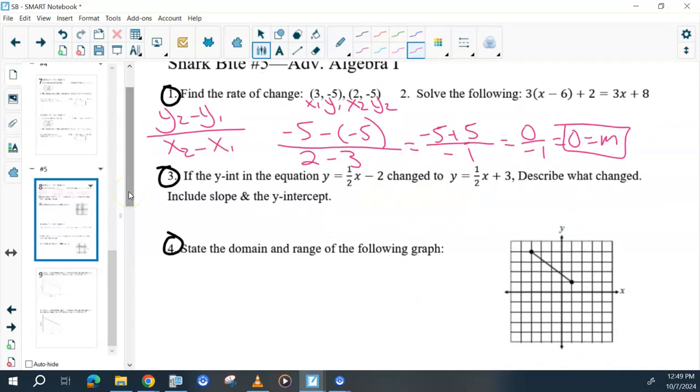So for number 3, we're looking at the y-intercept change from -2 to 3. Describe what happened to the slope and the y-intercept. Well, the slope didn't change. The y-intercept was up, so it shifted up.